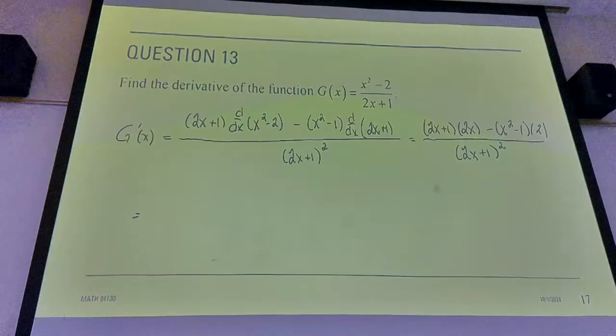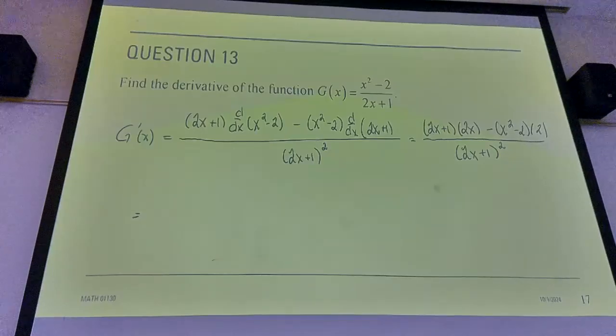Now I have to simplify it. Should it be an x squared minus 10? We're going to get what? 4x squared minus a 2x squared.